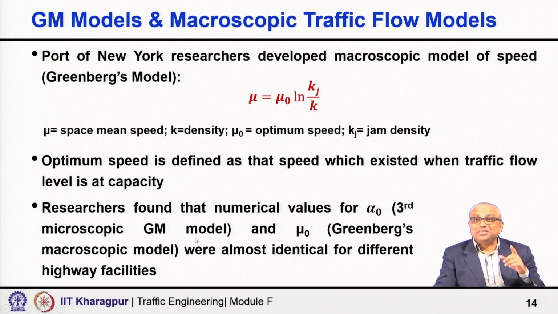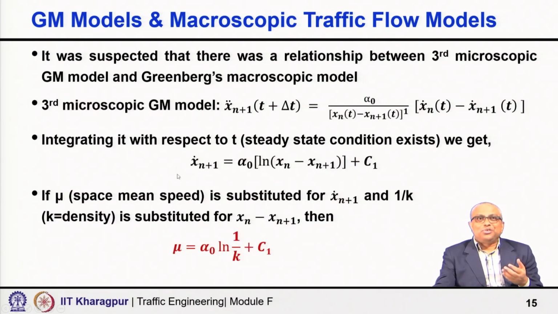Are they the same thing? Because one is macroscopic, one is microscopic. So the researchers started further investigations, and eventually they found a connection that I am going to explain.